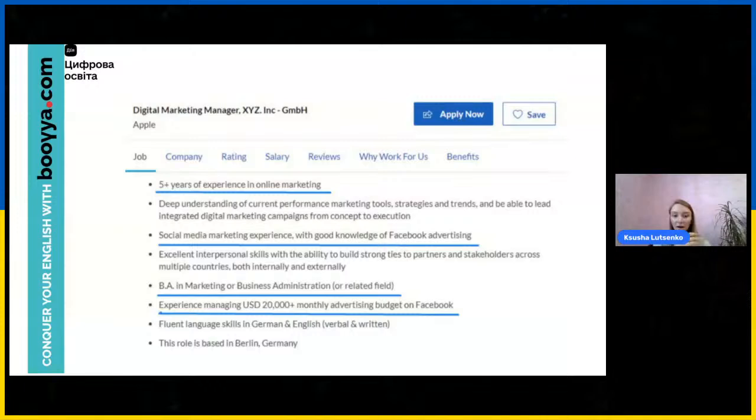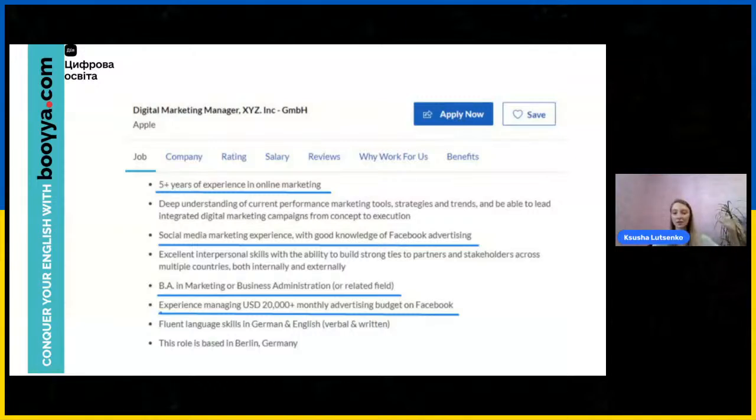Experience managing 20,000 monthly advertising budget on Facebook. Exactly. Also an exact measured achievement, given in numbers, and a keyword. Not really perfect in terms of visual way of writing, but really effective in terms of selling this person, digital marketing manager. Okay.